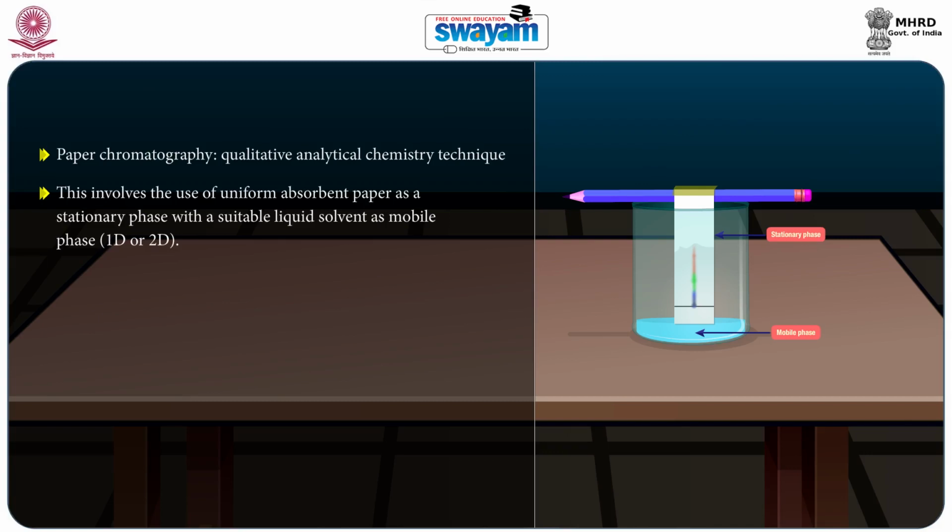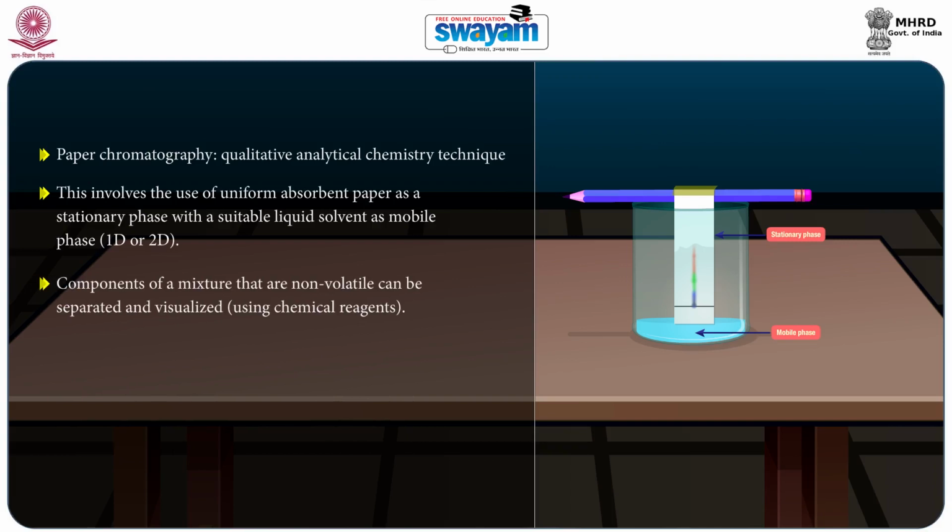Therefore, in this process, components of a mixture that are non-volatile, remember that most of these will be simple chemical compounds, can be separated and then visualized. Now, methods for visualization differ, understandably, based on the nature of the chemical compound that you're trying to separate.